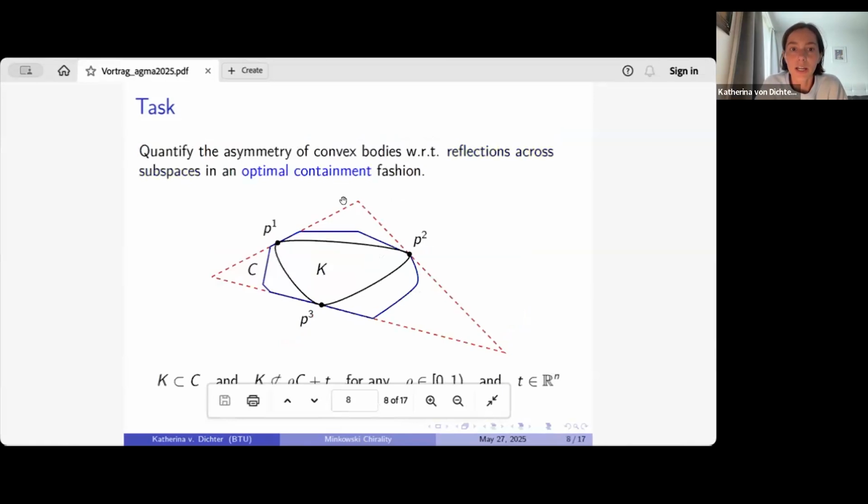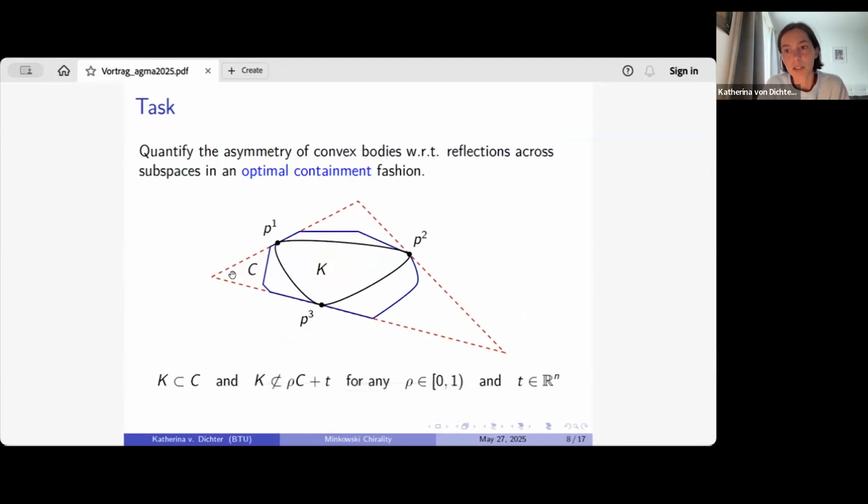So now we have to understand what it means that we want to do it in an optimal containment fashion. This means that we want not only containment, but containment in the sense of the best possible containment.